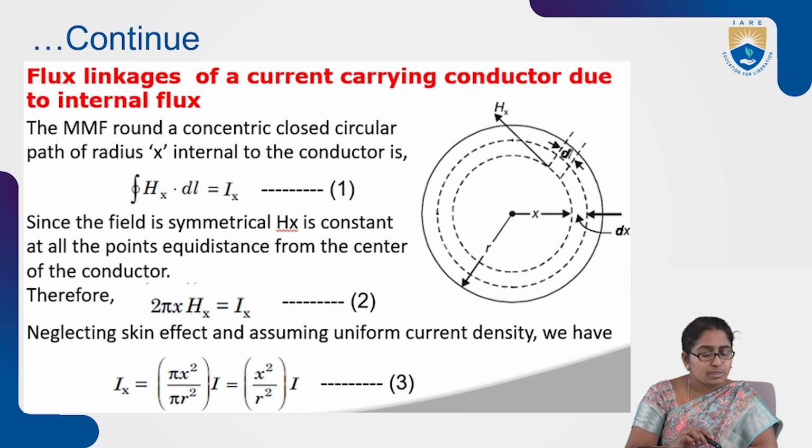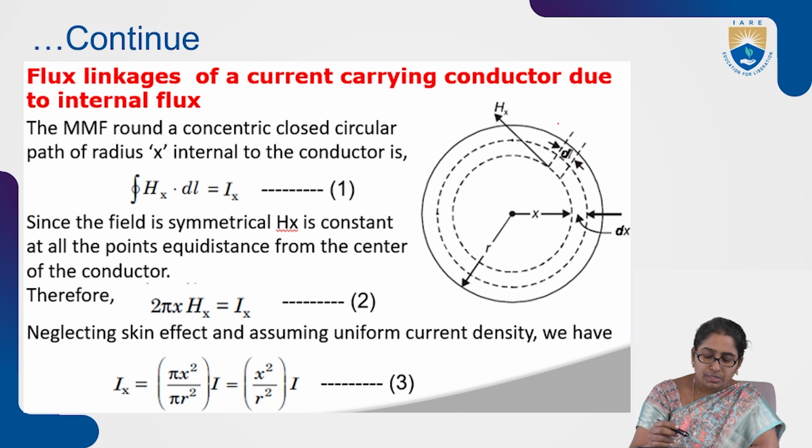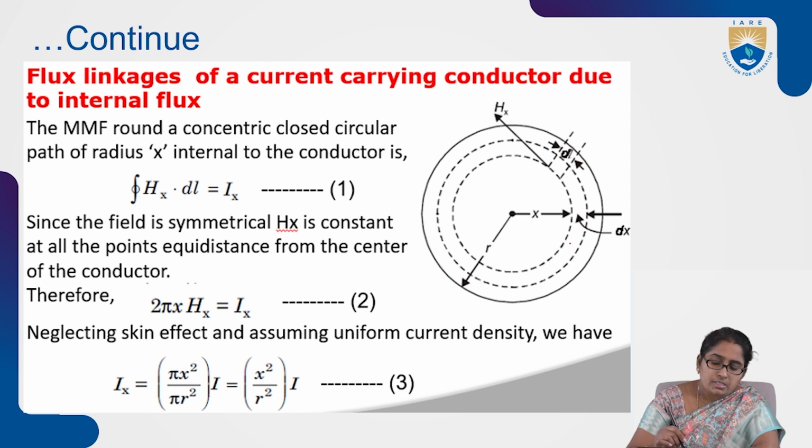Now, the flux linkages of a current carrying conductor due to internal flux. To get the expression, consider a single conductor shown here, whose radius is small r. Now consider inside this conductor a cylinder whose radius is small x.